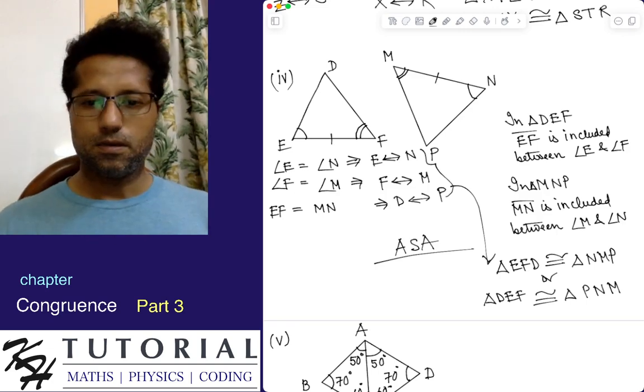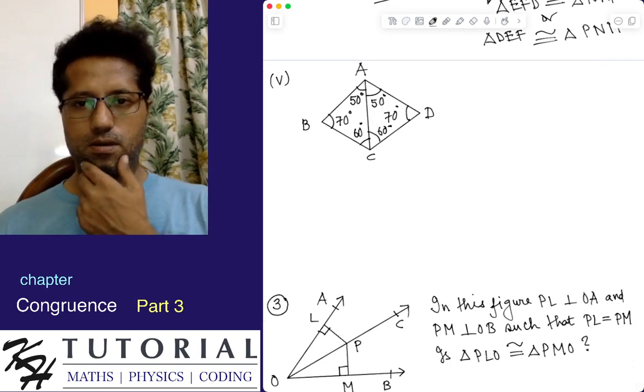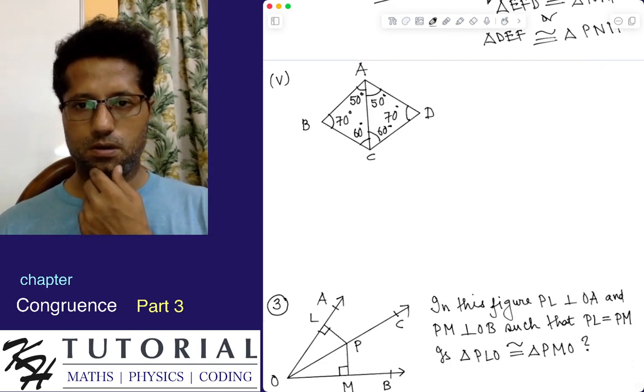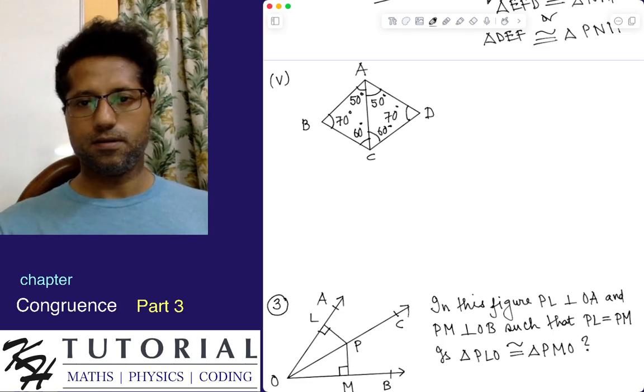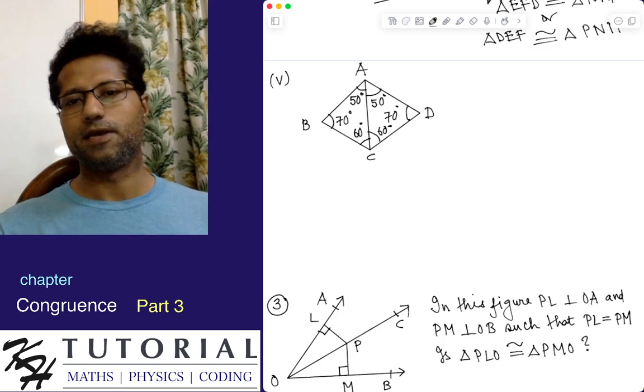Okay, let's do the last part, 5. So we can see now the triangles are ABC and ACD. We can clearly see there is a common side AC.